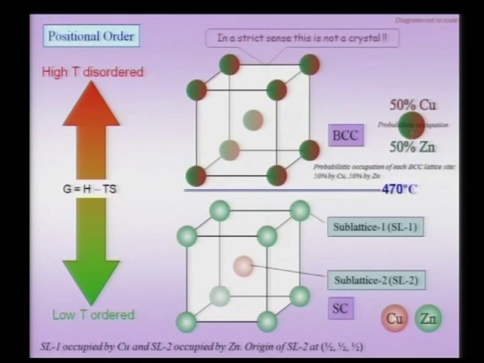Now, this is the BCC phase, that means that the fundamental lattice translation vector now is the one which connects the atom at 0, 0, 0 to the atom at the body center. So, these are identical, not in reality, because in reality if you take any region of space, this could end up being copper and this could end up being zinc and this could end up being copper. So, it is a random occupation, but this is now a probabilistic sense of definition.